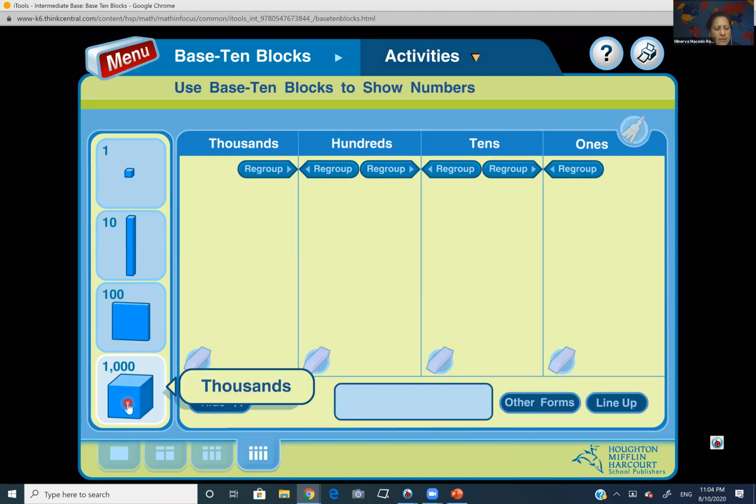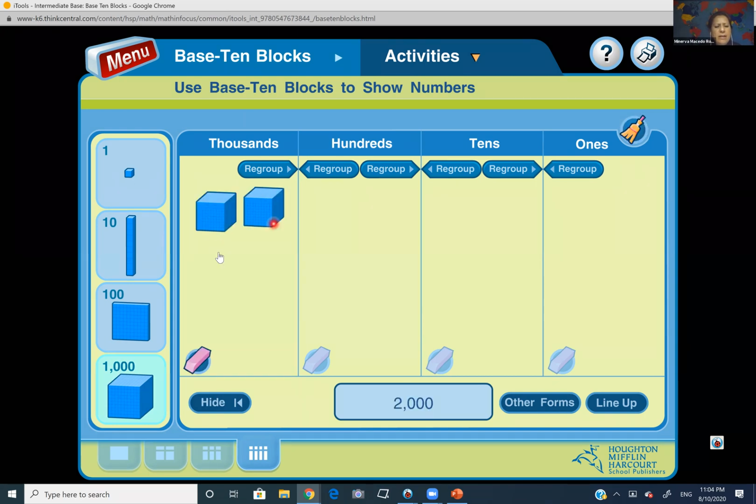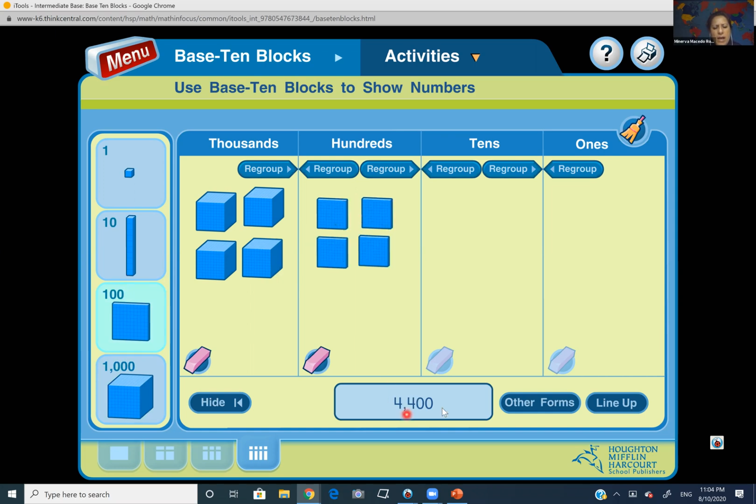The first one says 4,000. So let's count it together. 1,000, 2,000, 3,000, 4,000. Then we have 300, 100, 200, 300, 400. Let's see how the numbers are changing here. We were adding hundreds.